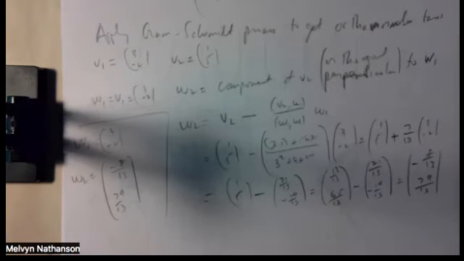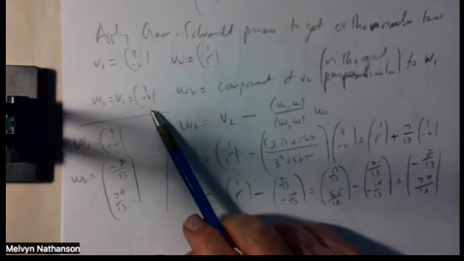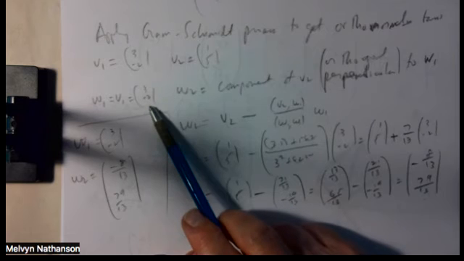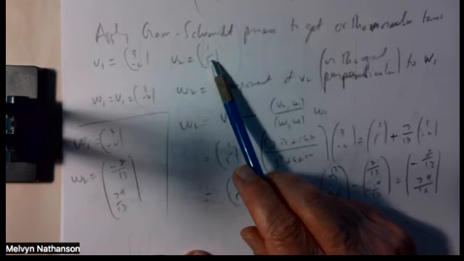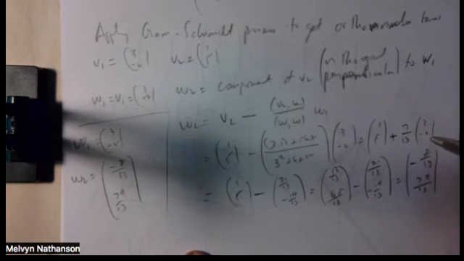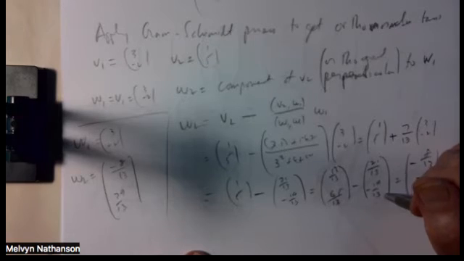(3, -2) and (1, 5). And the parallel component, the component of V2 parallel to V1. We take the inner product, minus 7 over 13 times the vector (3, -2). It's 7 over 13 times this vector. It's 21 over 13, minus 14 over 13.